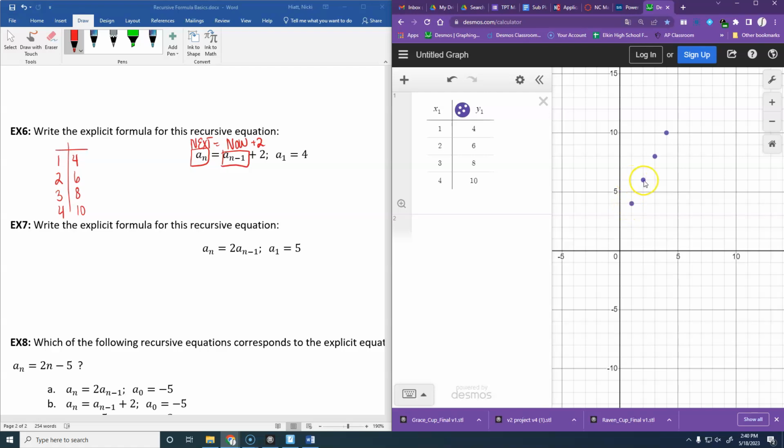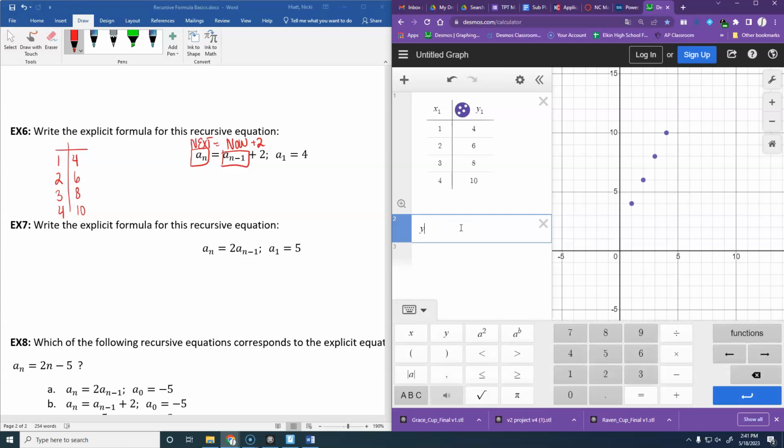What's the slope of that line? 2. So that's y equals 2x. I can't see the y-intercept, but what do you guys think it's going to be? 3. Wait, no, 3 is a little too much. 2. There, 2x plus 2. So that's using x's and y's. They are going to write it as a sub n equals 2n plus 2.